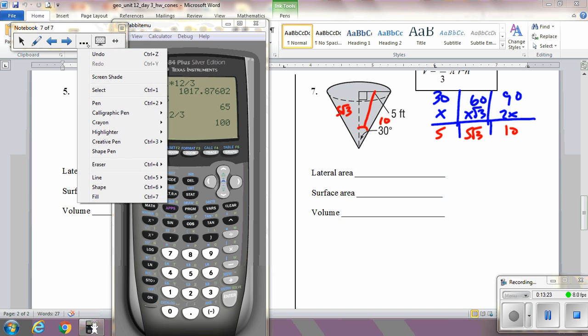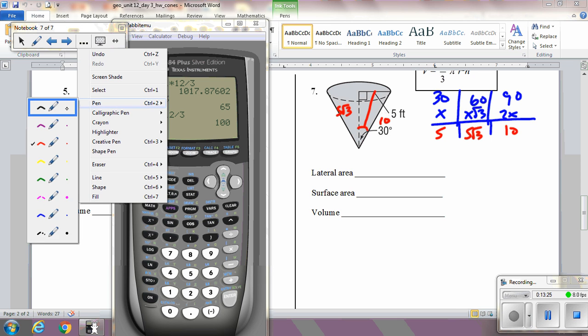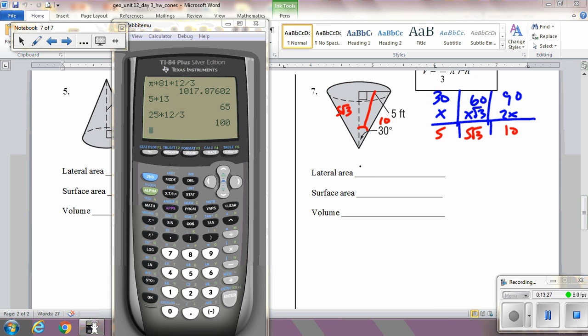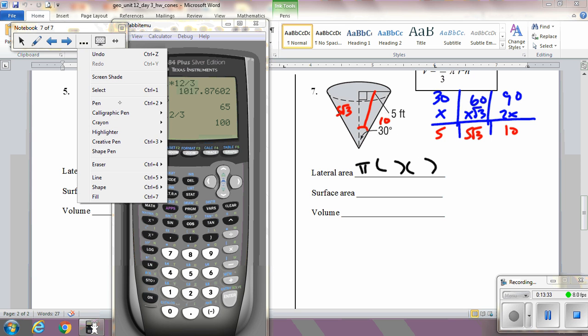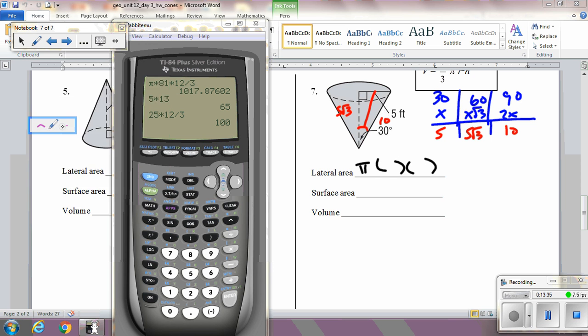Now I have everything I need to find my lateral area, which is pi times my radius times my slant height. My radius is 5, my slant height is 10. So exactly 50 pi feet squared.